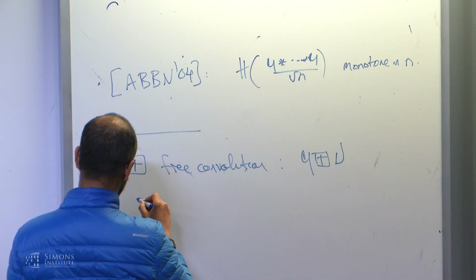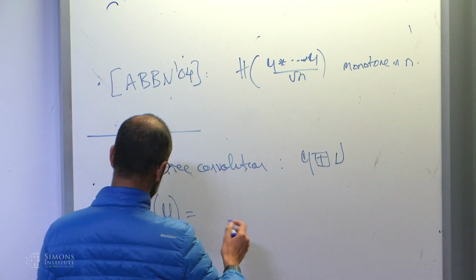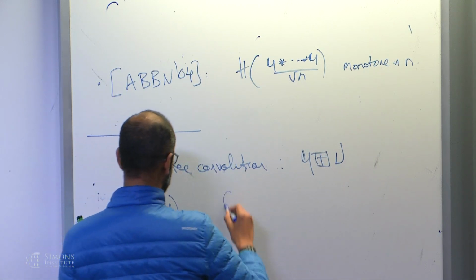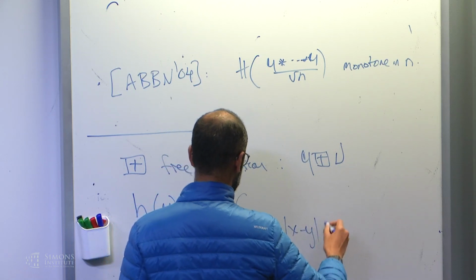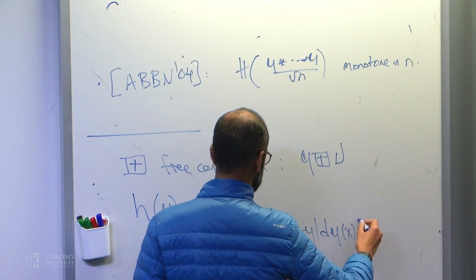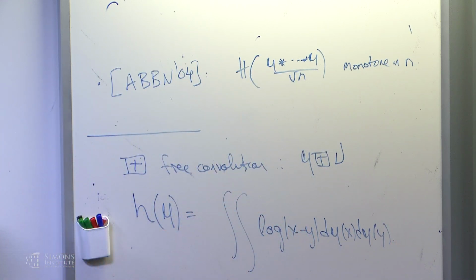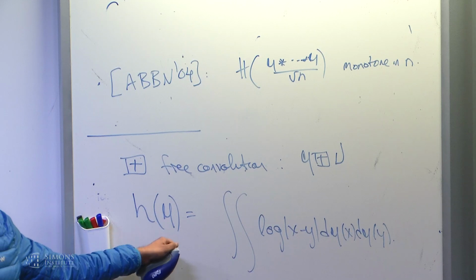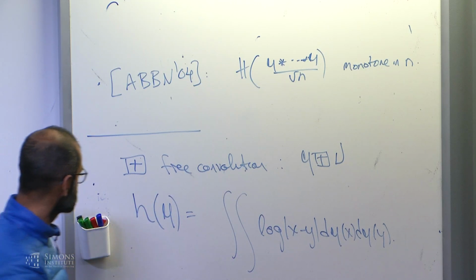There's a quantity called free entropy, defined by Voiculescu, which the appropriate definition is a double integral of log |x minus y| d mu(x) d mu(y). And this looks kind of weird. It doesn't look like it's so related to this, but this is actually a log of a volume of something. So it's legitimate; it has a lot of the properties that entropy has.